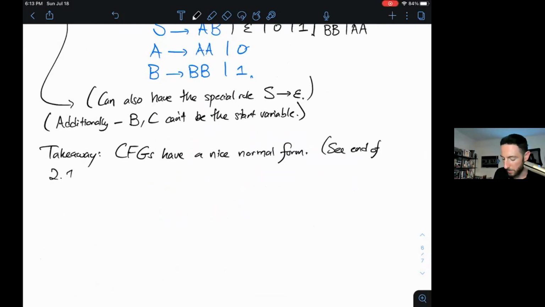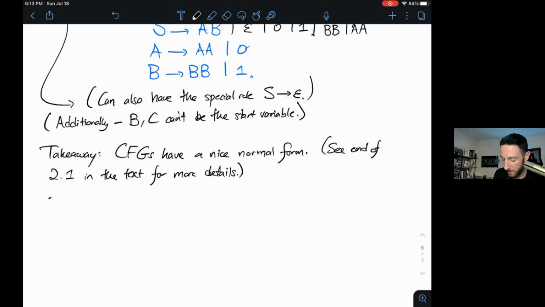And see the end of section 2.1 in the text for more details. There's a very nice proof of how you can transform any CFG into Chomsky normal form.